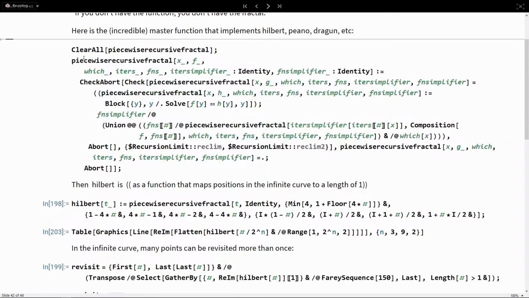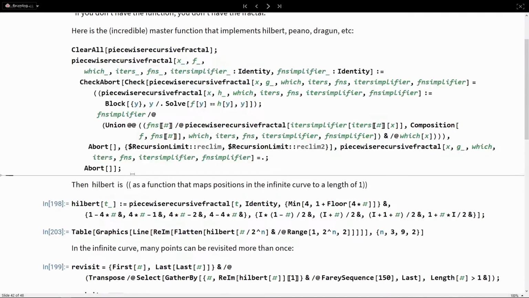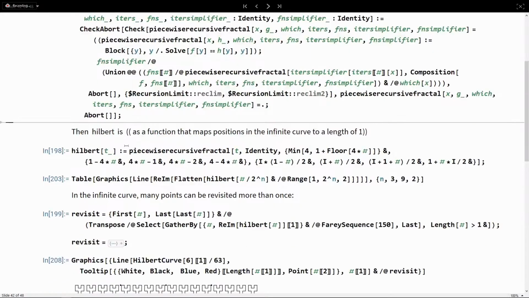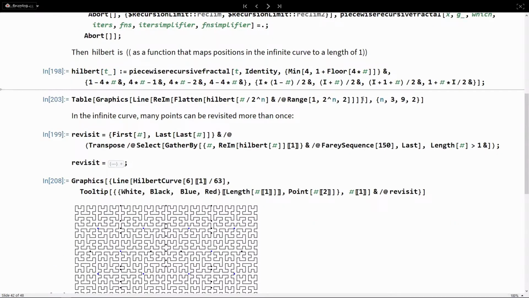So here is a piece of code which will generate the actual curves behind a particular space filling curve. So here's the Hilbert curve, and when you put it through this piece of code, you can generate... Let's see, did I close that?